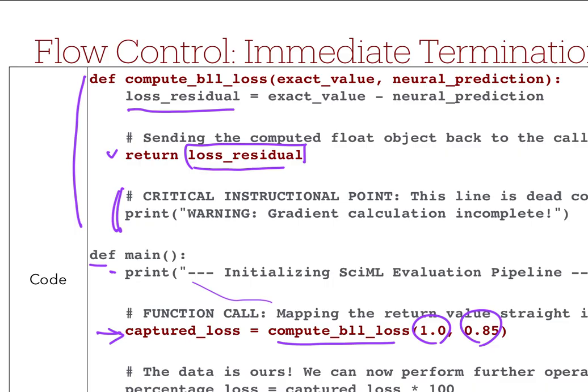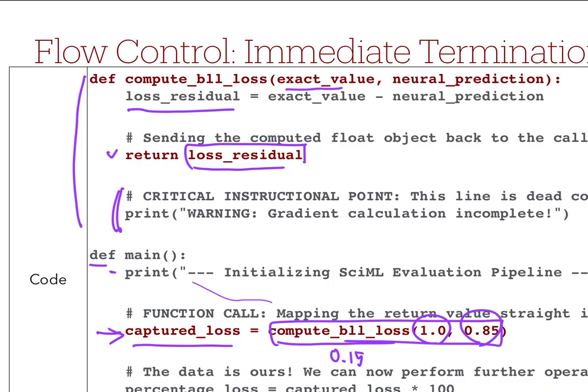So the difference between 1.0 and 0.85 is replacing this expression. So that statement will calculate the value of loss residual, and that value of the loss residual is now given to the variable named captured loss. And when this function returns that value, all the local variables like exact value, euro prediction, loss residual, their values will be all erased from the memory.